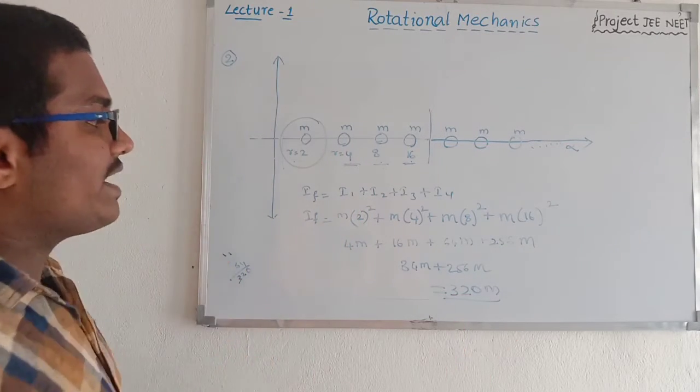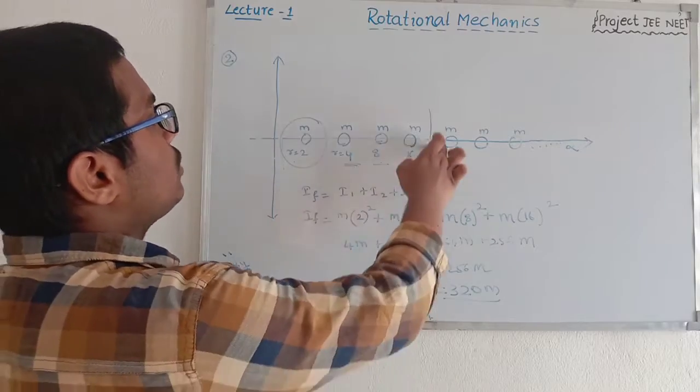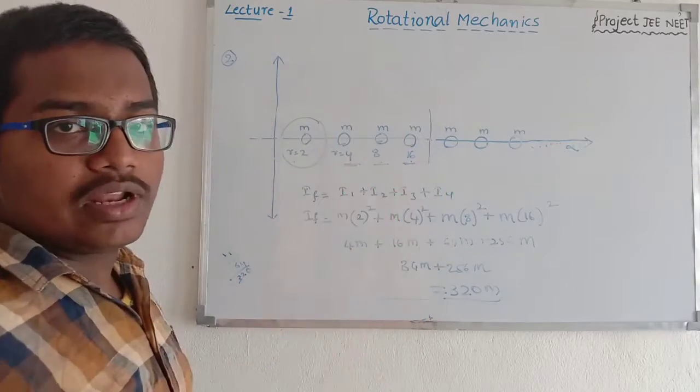This is the final moment of inertia of this total system where there are 4 bodies only.